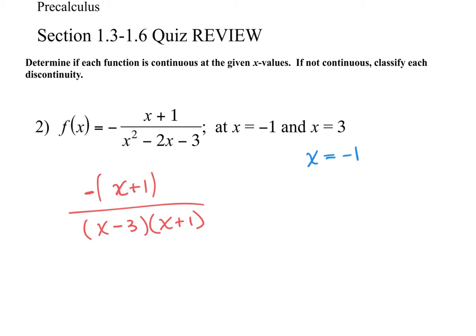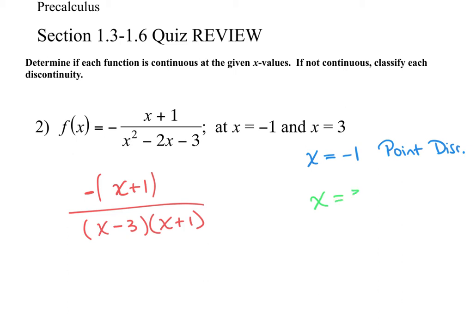So you can see that the -1 can be canceled out and my problem could go away. When you can cancel it out, it is point discontinuity, okay? So when you can cancel your problem, it is point discontinuity. So I would say this is point discontinuity at -1.